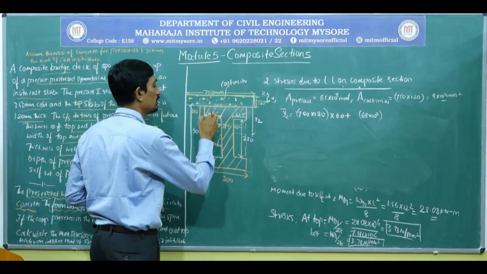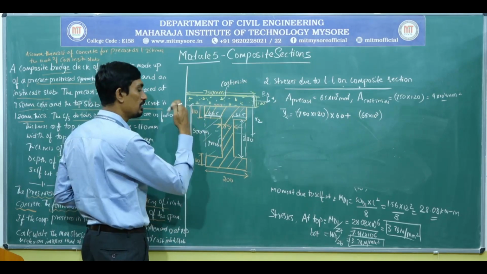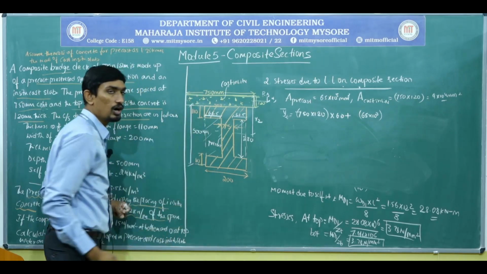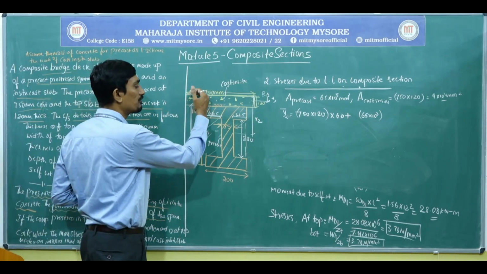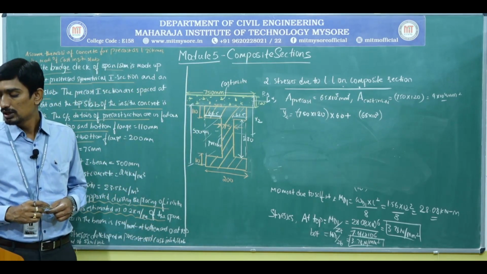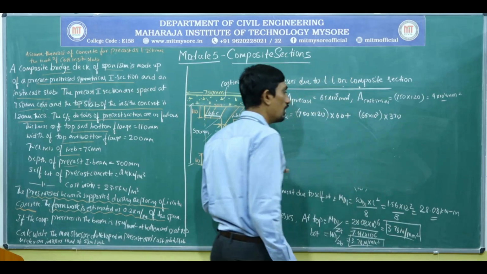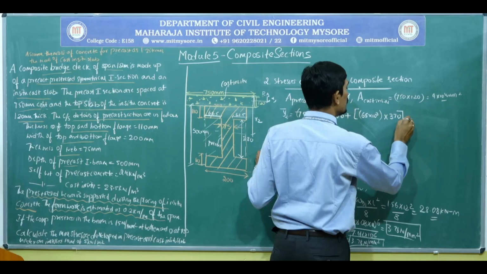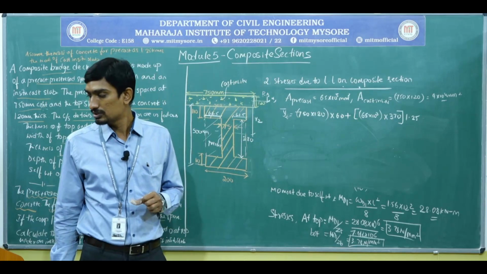So how to calculate that? 500 divided by 2, because it is symmetrical section, that is 250 plus 120. How much? 250 plus 120, because I need to consider the y2 from the top, that is the reference axis. So 250 plus 120, how much? 370. So into 370.